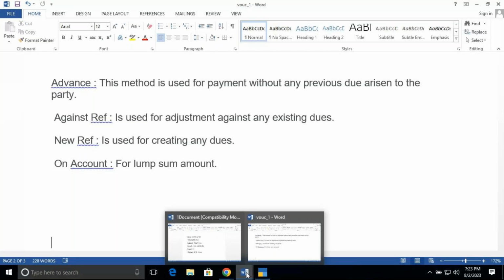Sometimes it happens, you have surplus cash and you don't know what to do. So we thought, we have some pending bills to Alpha Traders. Let us give 20 lakhs and ask him to take it as an on account reference.